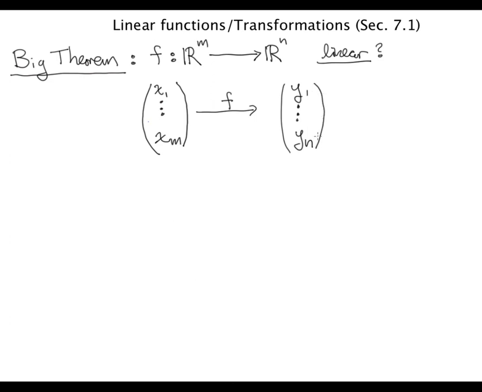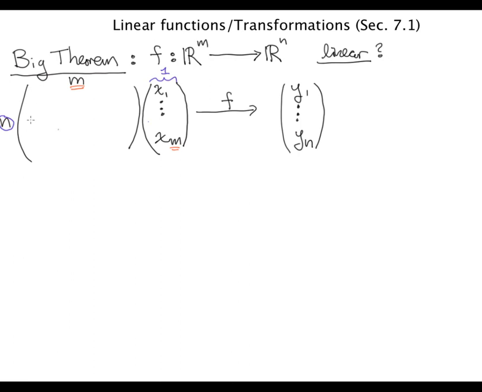Well, generalizing the previous example, you'll notice that if I multiply this m vector by an n by m matrix, I can do that because m is equal to m, and what I get out is an n by 1 vector, which is to say an n vector.